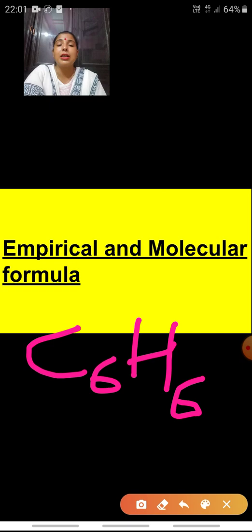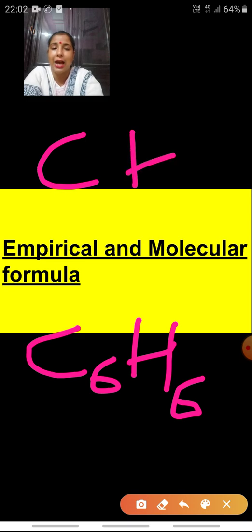Now, what is the meaning of empirical formula? Empirical formula tells you about the types of atoms, as the molecular formula is telling that carbon and hydrogen are present. Empirical formula will also tell you that carbon and hydrogen are present, but it will not give you the exact number of carbon atoms and the exact number of hydrogen atoms.